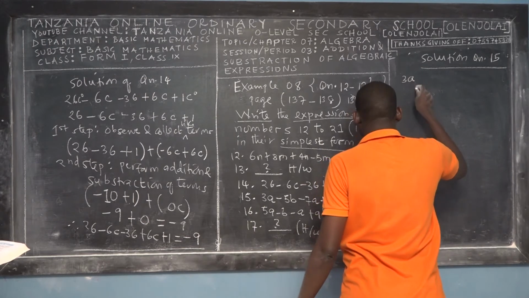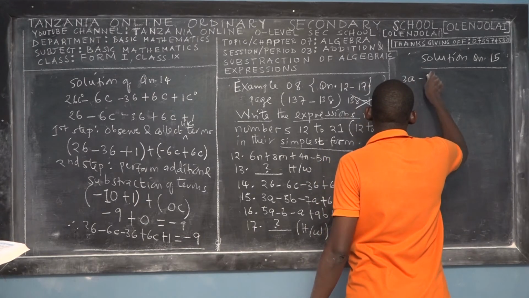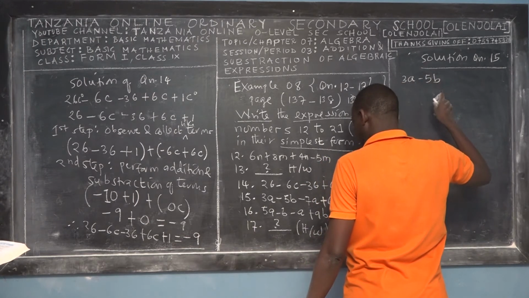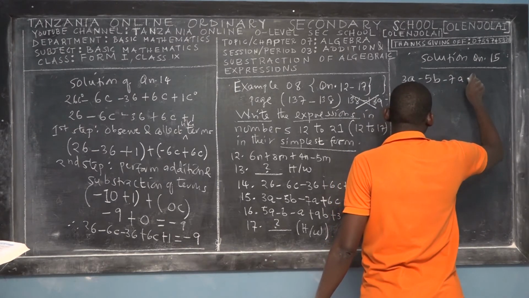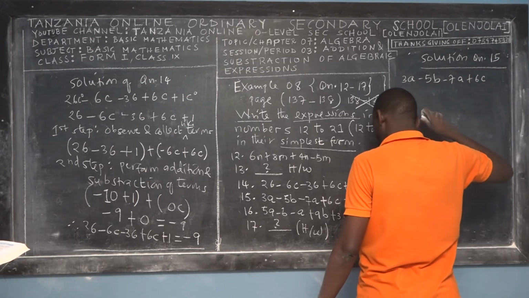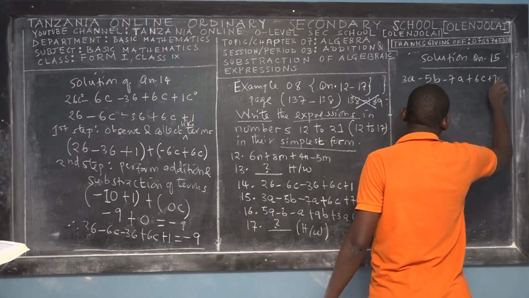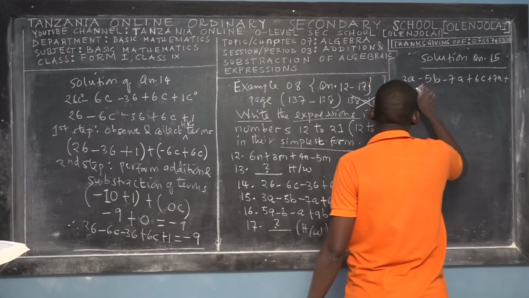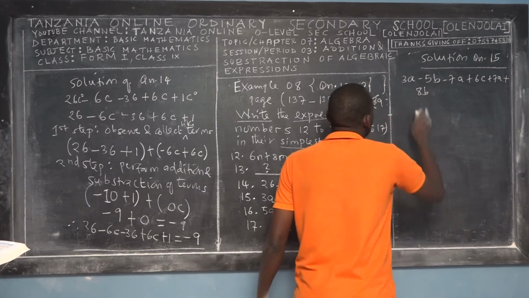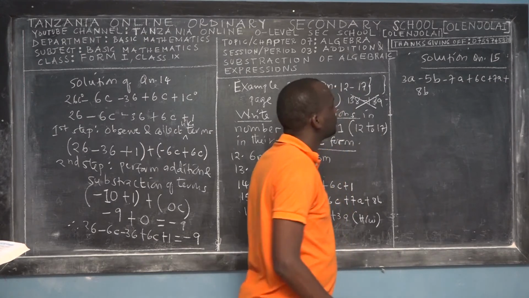So 3a minus 5b, and then minus 7a, and then plus 6c, and then plus 7a, then plus 8b.